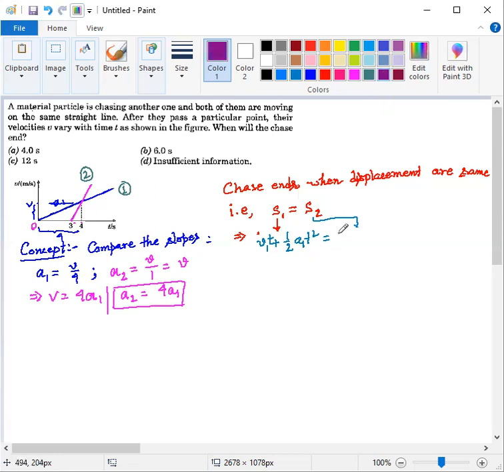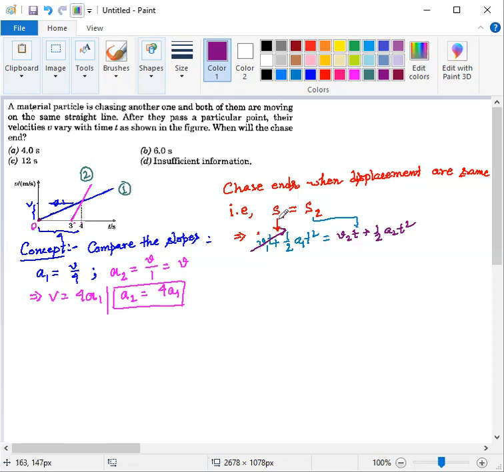S2 is nothing but V2t plus half A2 t square. Now for the first particle, it starts with zero initial velocity, because this is the pathway of the first particle and its initial velocity is equal to 0. Therefore, we can cancel out this V1t.